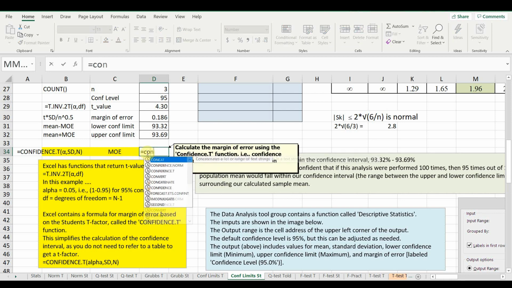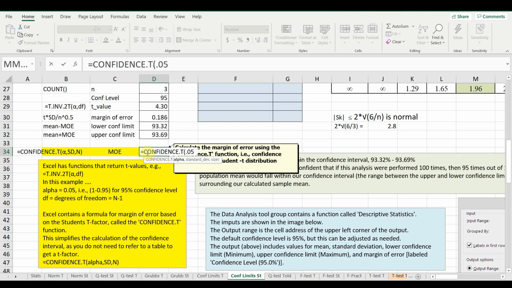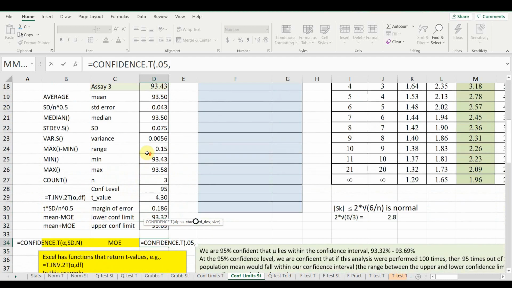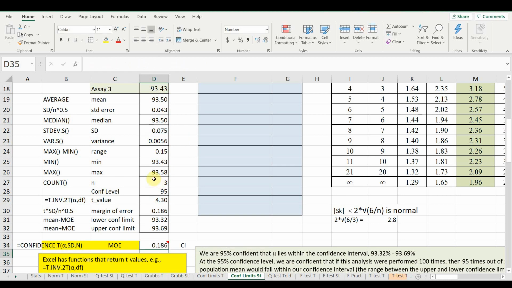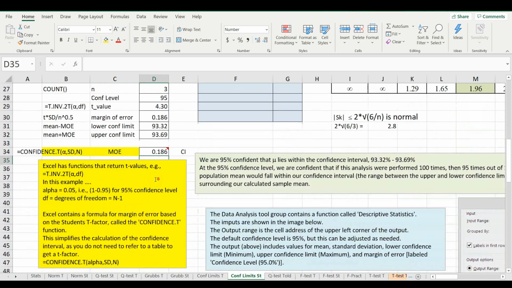Equals confidence.t, there it is, scroll down, tab, alpha, 0.05, comma, the standard deviation, we calculated that up here. Cell D22, it's 0.075, comma, and the number of samples is simply our count value of 3. Close the bracket, and there's 0.186. An easy calculation to perform in Excel.